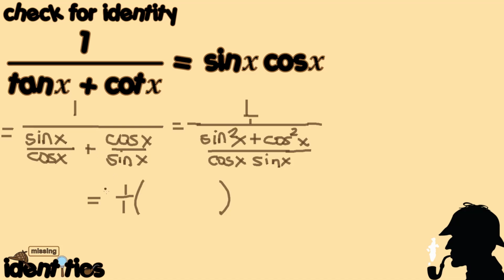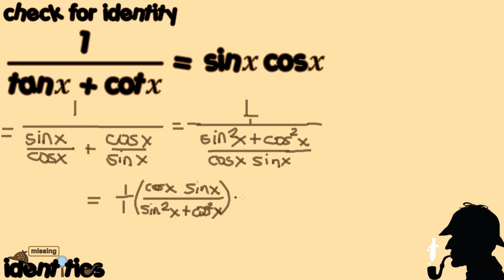So keep, change, and we flip this. Flip meaning we're going to reciprocate that. Cosine x, we have here sine x over this one here. You have sine squared of x plus cosine squared of x.